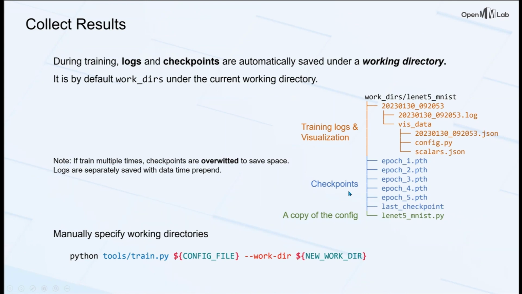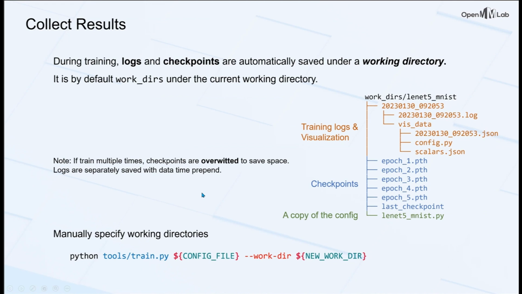If the training program is interrupted accidentally, we can resume from these checkpoints. The program will also save a copy of the config under the working directory. The working directory is work_dir, by default under the current directory, and you can also manually specify another working directory with these options.